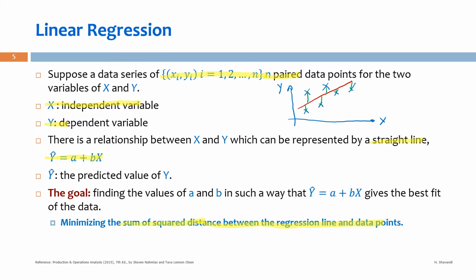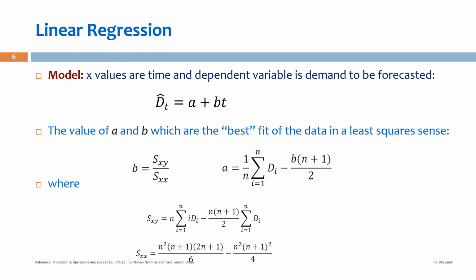So as you know, linear regression is one of the models in the category of causal models, because we have independent variables. But here, since we just have time series data, we will consider the time as our independent variable.